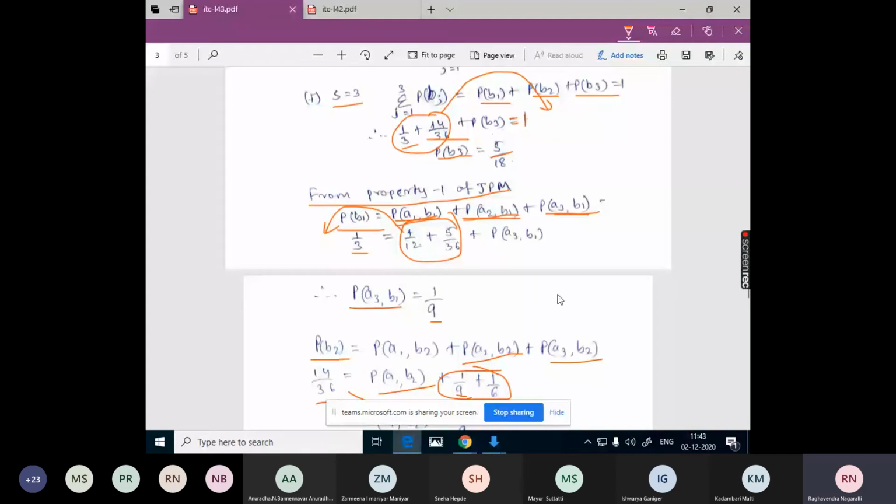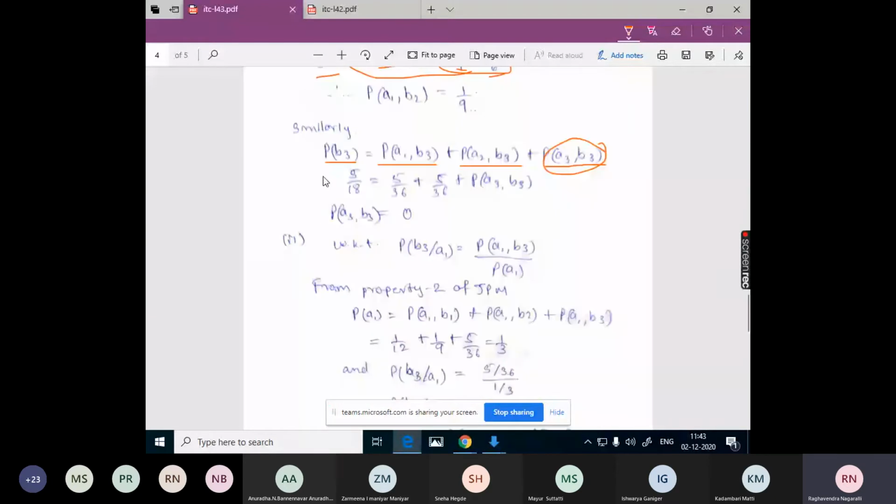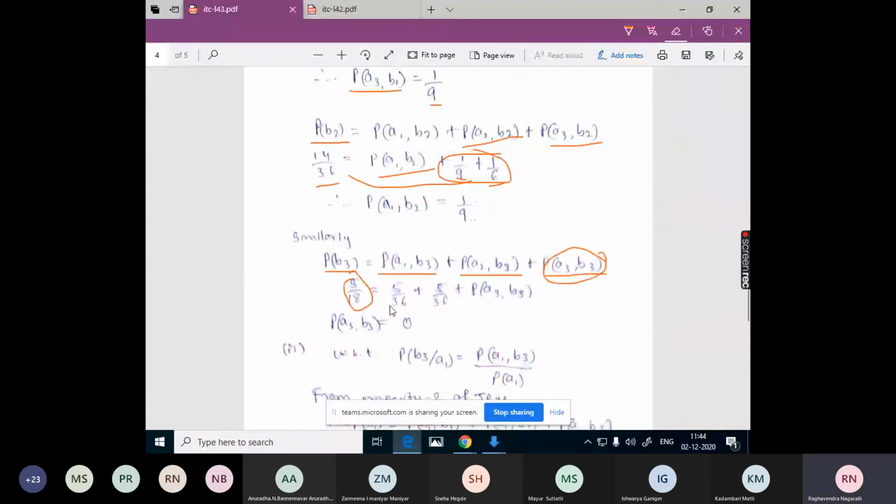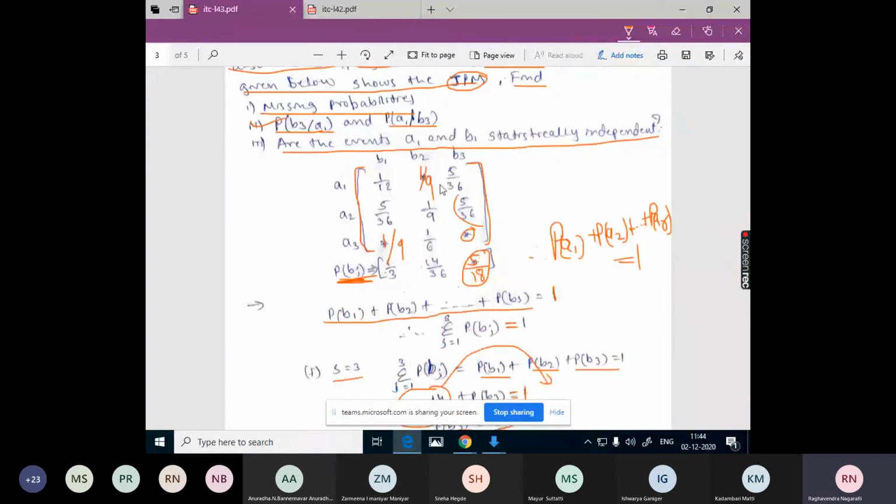Okay, we are calculating P of A3 comma B3. We know these values. P of B3 is equal to 5 by 18. A1 comma B3 is 5 by 36. A2 comma B3 is 5 by 36 again.